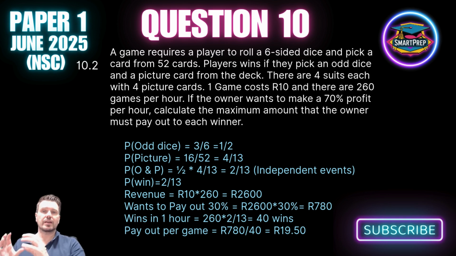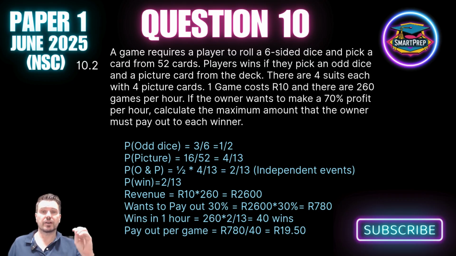So we multiply that 260 by 2 out of 13 and we get to a total of 40 wins. So that means 40 people are going to win every 1 hour. That's obviously in real life, not actually what's going to happen. It's going to be maybe 38, sometimes 42, but the probability is that it'll get 40 wins.